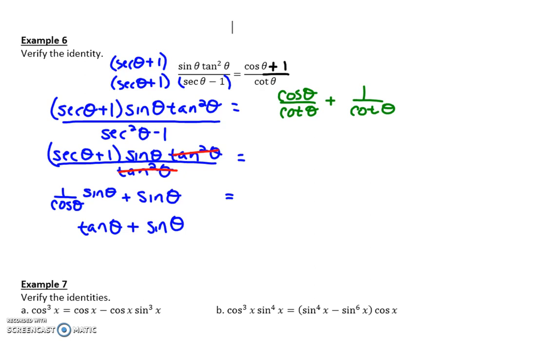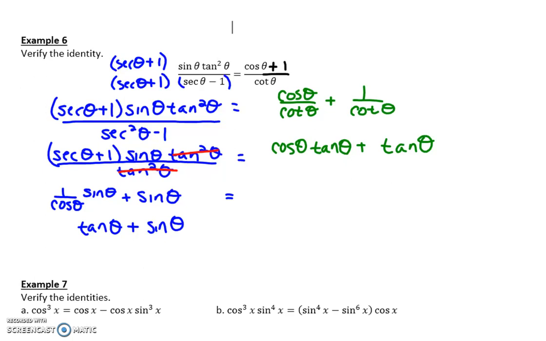So that's a good thing. And then I'm going to change this cosine of theta. Well, I'm going to change the cotangent of theta in the denominator. Since it's in the denominator, to bring it up, it just becomes tangent, because remember, those are reciprocals, right? And then we have plus tangent here.